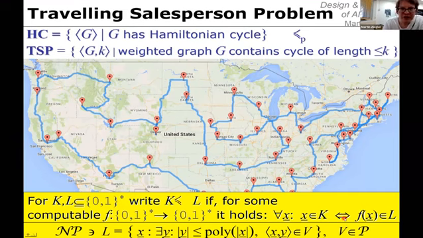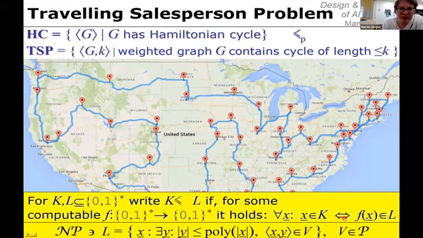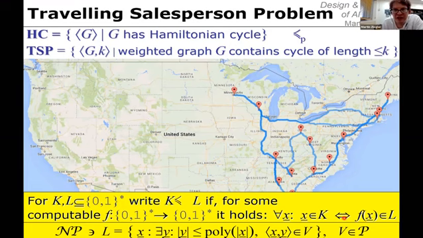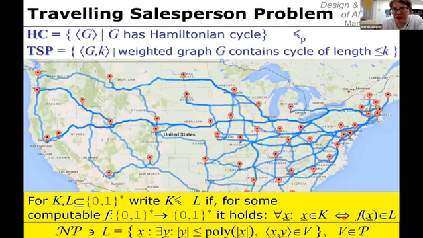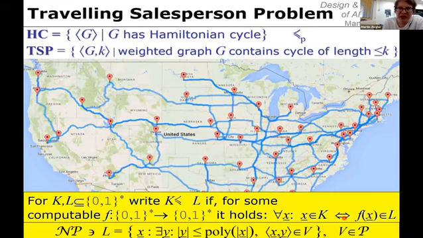For the converse direction, let's suppose that our translated graph has a cycle of length at most k. We'll choose k equal to n.